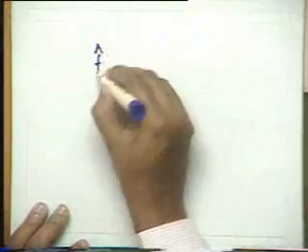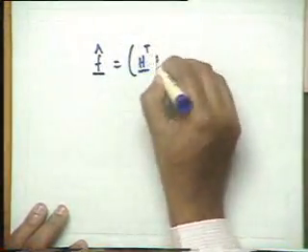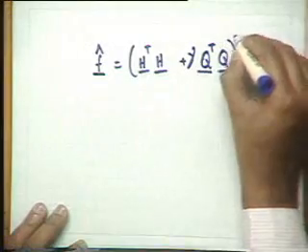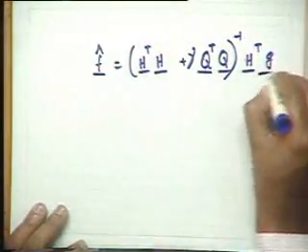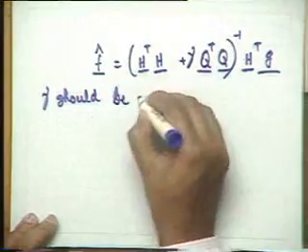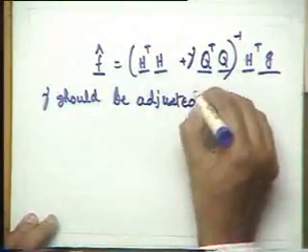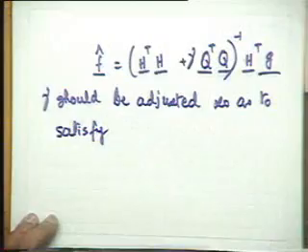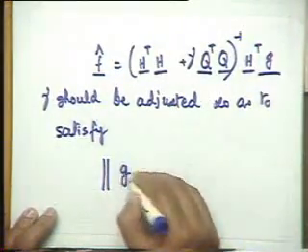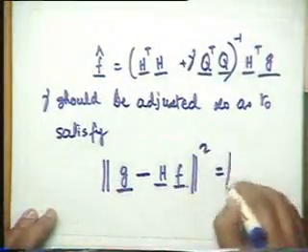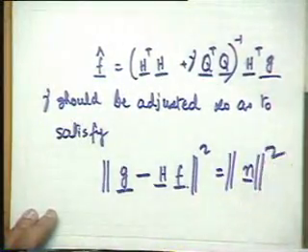This was our equation: F hat is equal to H transpose H plus gamma Q transpose Q, inverse, H transpose G. And gamma should be adjusted so as to satisfy the constraint that our G minus HF, square, should be equal to norm of n square.